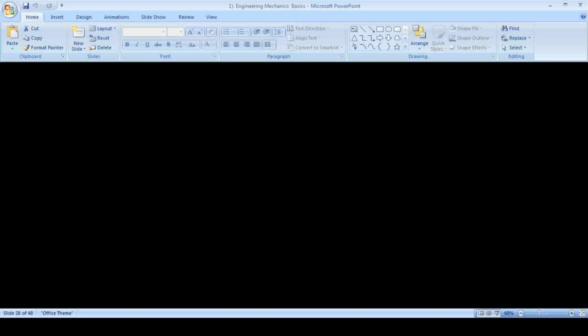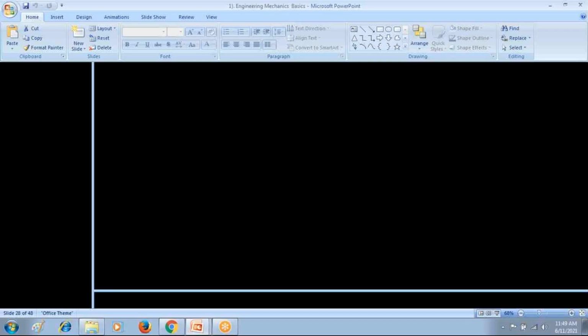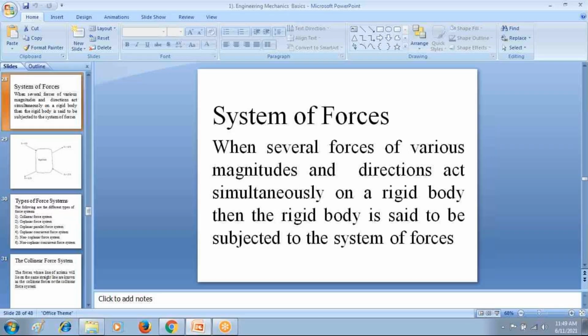Dear students, if you have doubts in this concept of force, in the last class I discussed the definition of force and the characteristics of force. In today's class, I explained the system of forces, and at the end, I explained some important points about force.